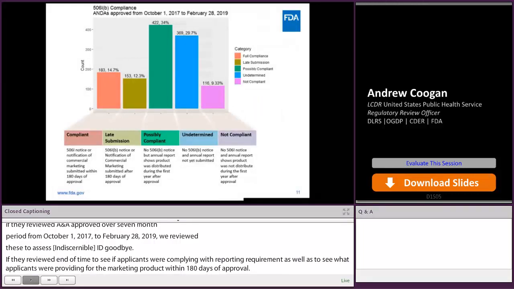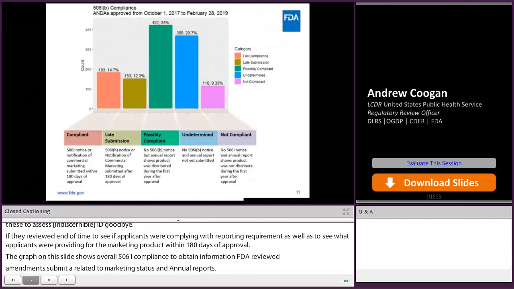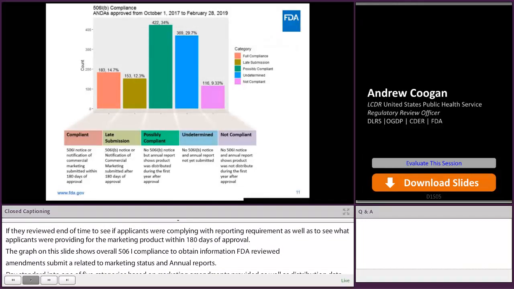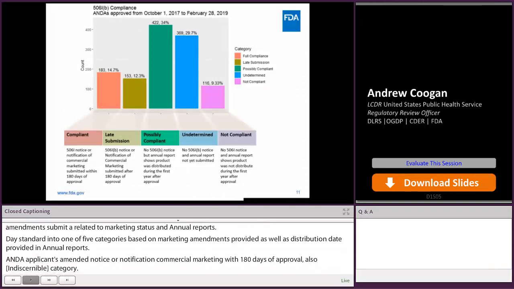FDA grouped ANDAs into 1 of 5 categories based on marketing amendments provided as well as distribution data provided in annual reports. If an ANDA applicant submitted a notice or a notification of commercial marketing within 180 days of approval, they fell into the compliant category. If they submitted either a 506IB notice or notification of commercial marketing outside the 180 days, they were a late submission.